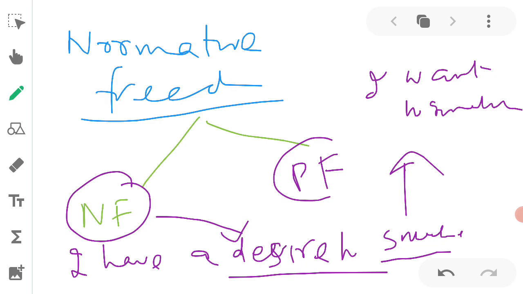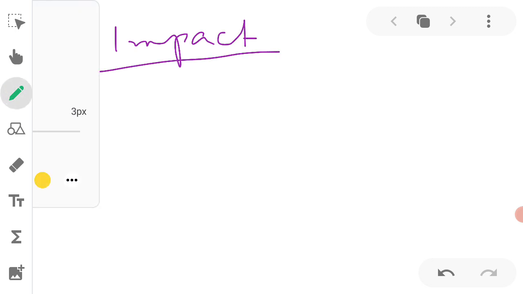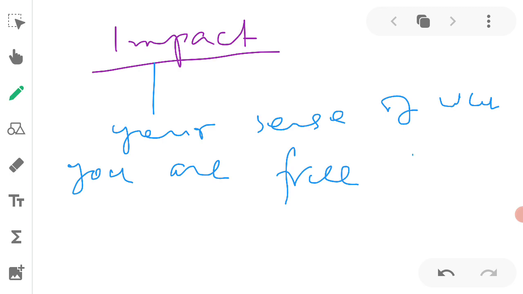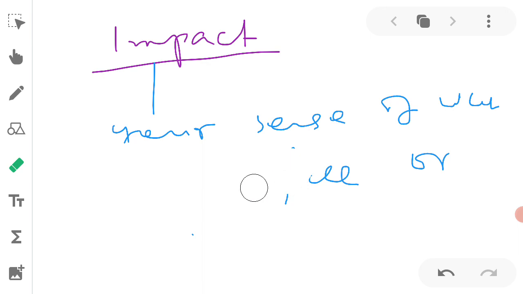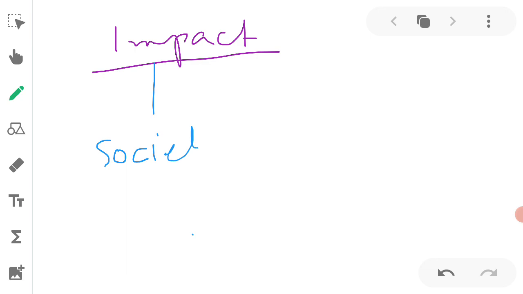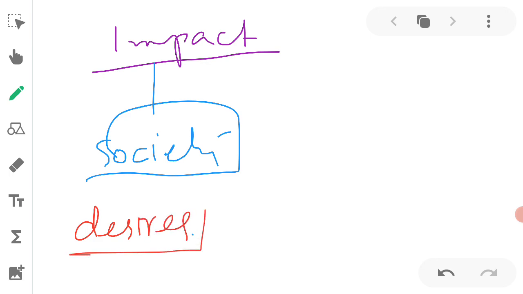And this will also impact your sense of whether you are free or not. So, for example, you are in a society in which certain desires are prohibited.